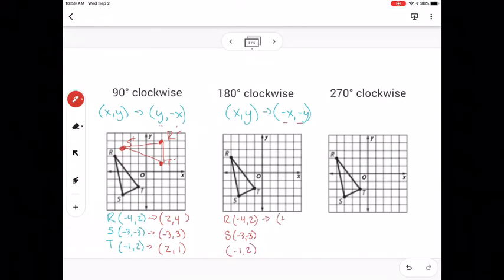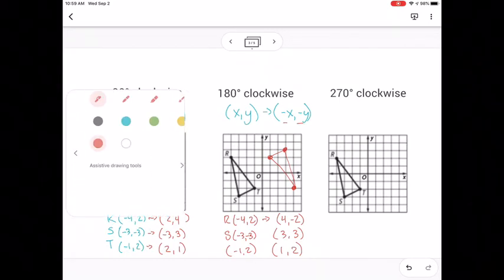So we're just changing their signs. So this is positive 4, negative 2 now. Positive 3, 3, and positive 1, negative 2. So 4, negative 2. 3, 3. 1, negative 2. We see it spun around.